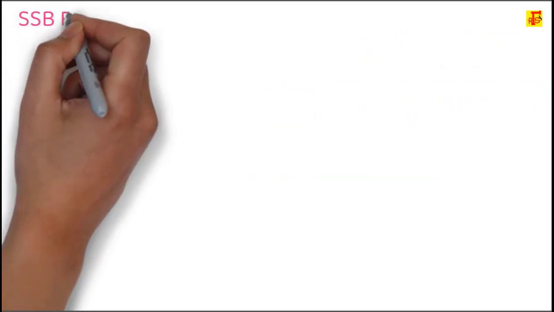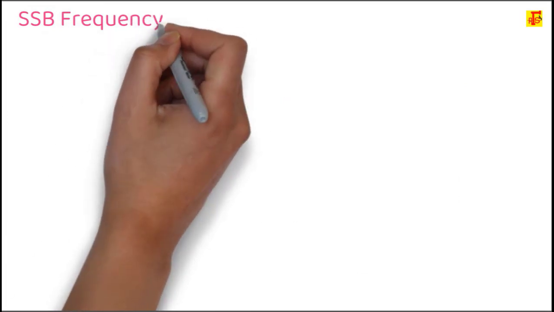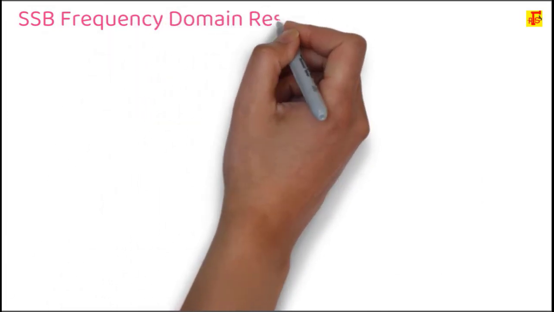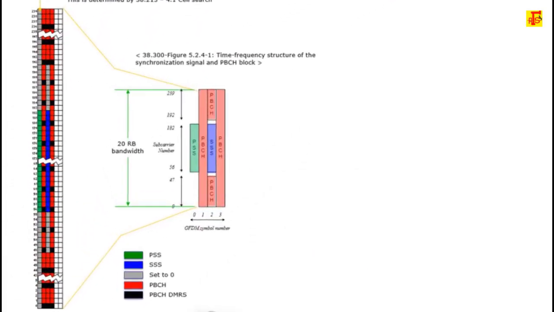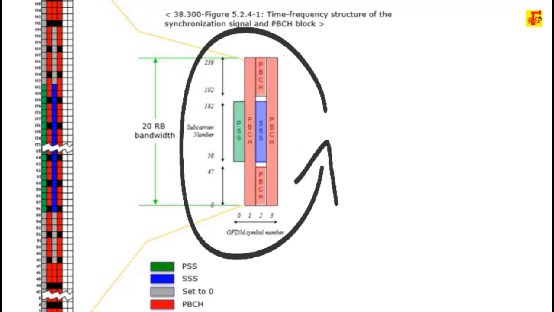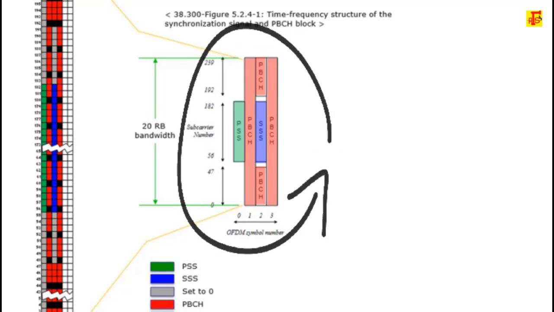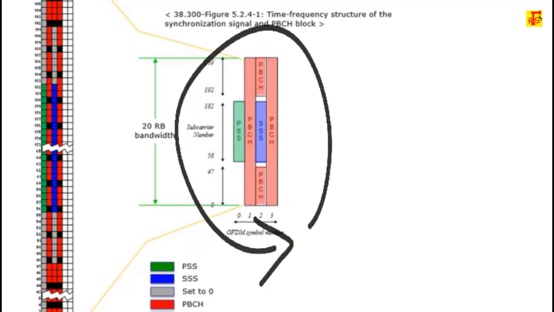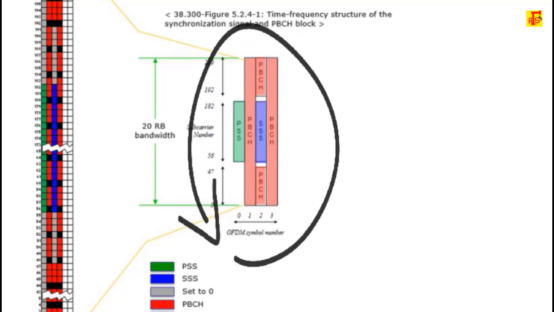Next is SSB frequency domain resources. SSB in the frequency domain consists of 240 consecutive subcarriers numbered in increasing order from 0 to 239. It's equal to 20 PRB, right? 20 PRB means 20 times 12, 240 subcarriers. That means it will run from 0 to 239.